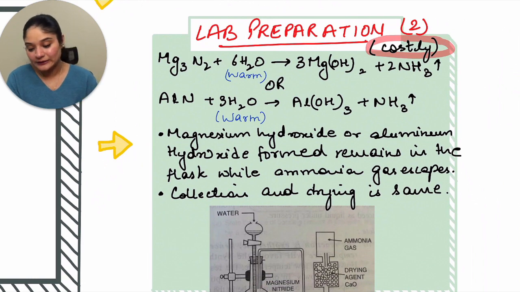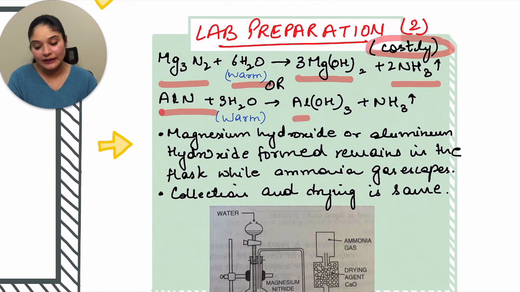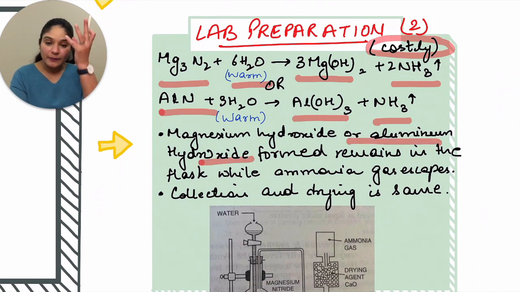Now let's look at this. You have magnesium nitride reacting with warm water, giving you magnesium hydroxide plus ammonia. And the same thing is happening in the second one. You get aluminium hydroxide plus ammonia. Magnesium hydroxide or aluminium hydroxide are formed, but they remain in the flask and the ammonia gas escapes.